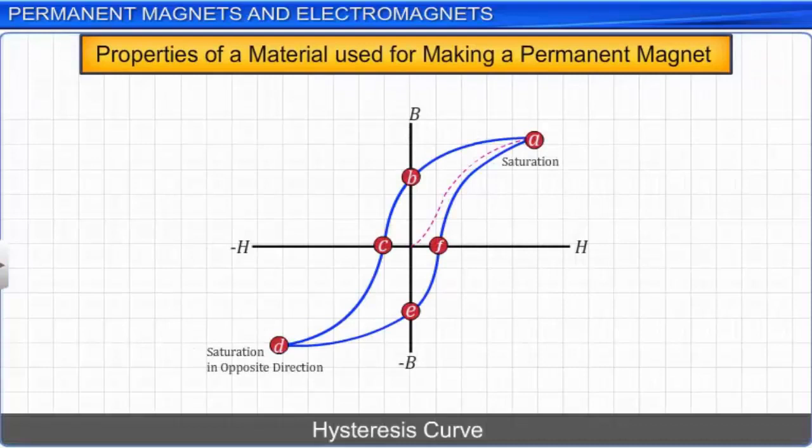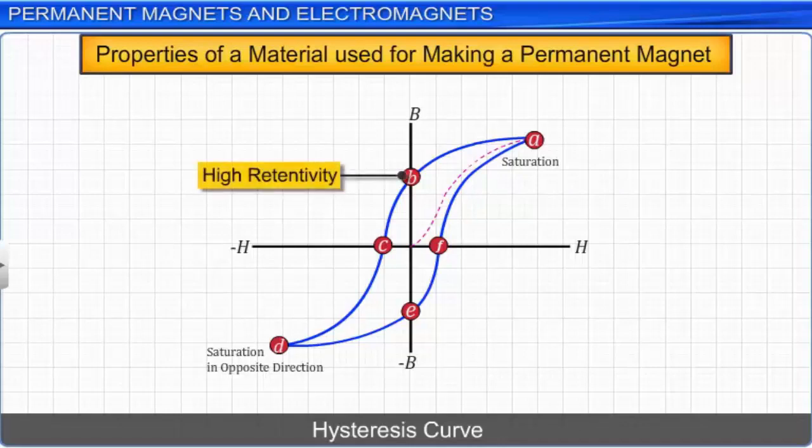The material should have high retentivity in order to retain its magnetization for a long period of time and increase the strength of the magnet. The material should have high coercivity so that it does not lose the magnetic property during temperature fluctuations, unwanted or scattered magnetic fields and minor mechanical damage.